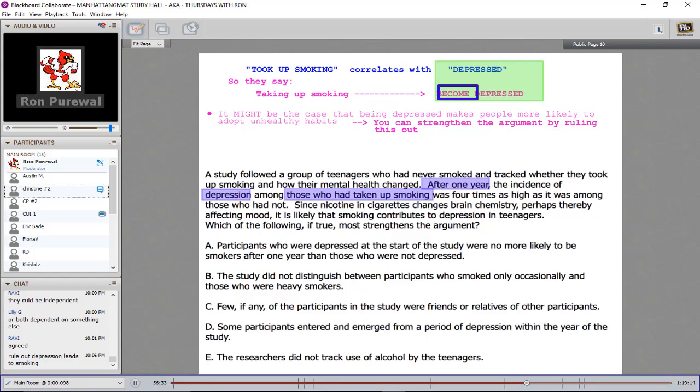I guess you could also think about the correct answer in another way too. They're saying that smoking actually makes people become depressed. But if you look at their data, they just look at people who were depressed at the end of the study. Like, what did they not look at? I mean, if you were depressed at the end of a study, does that mean that you became depressed?